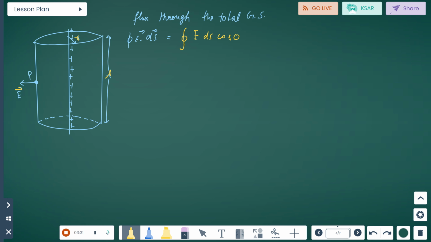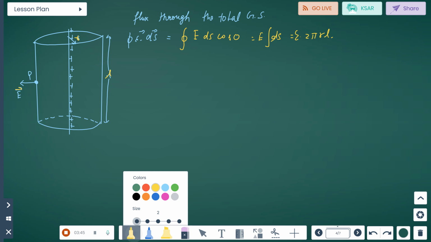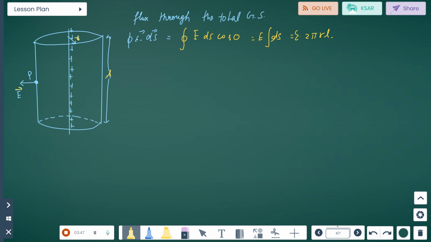Then E comes out of the integration, integral ds, which is 2 pi r l into E. Now the charge enclosed by the surface equals lambda l. Hence Gauss law gives E 2 pi r l equals lambda l by epsilon naught.